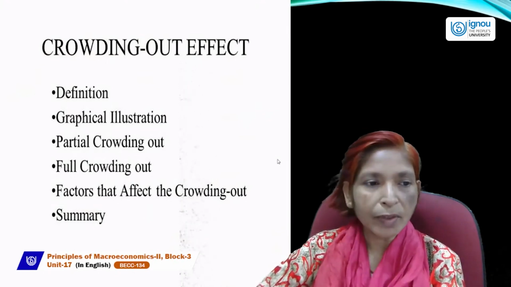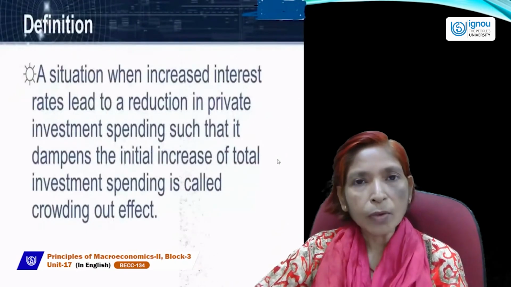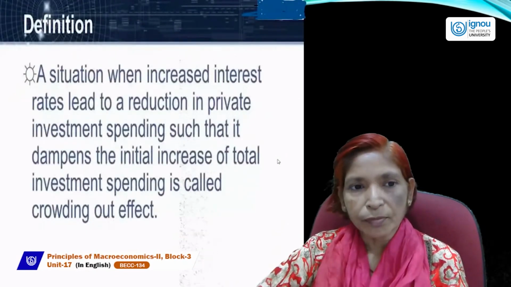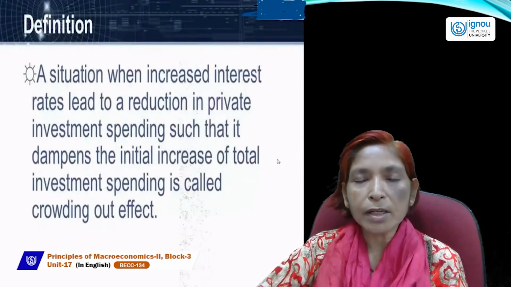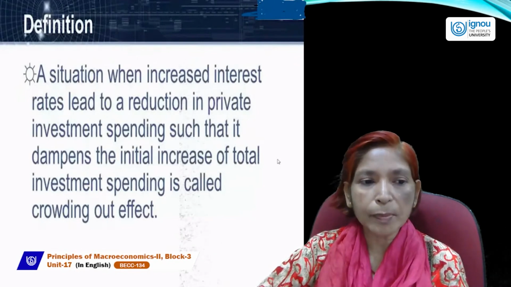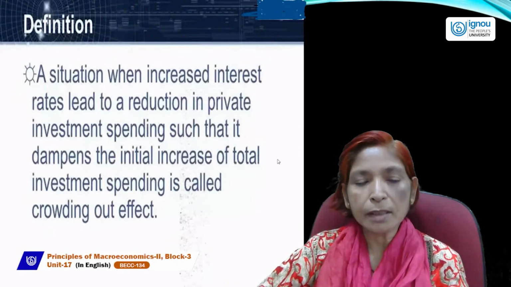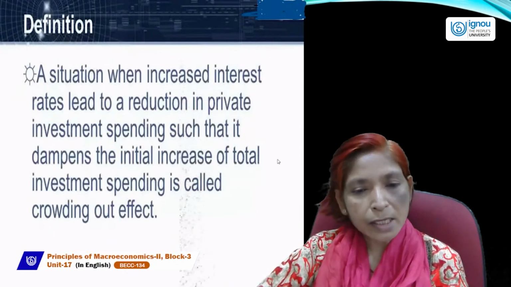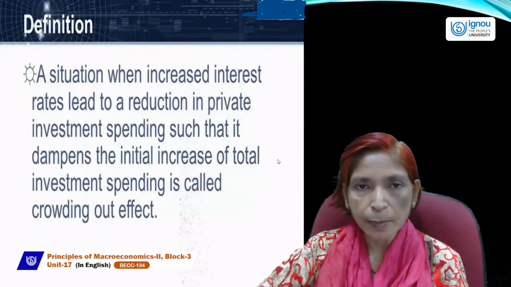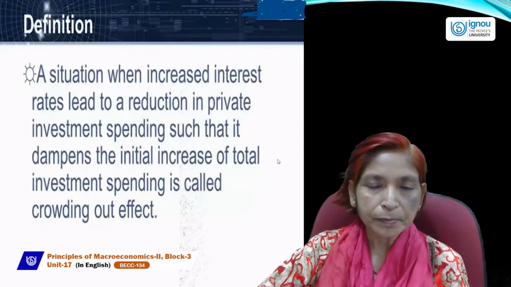So first of all, we will discuss what crowding out is. Crowding out is a situation when an increased interest rate leads to a reduction in private investment spending such that it dampens the initial increase of total investment spending. This is called the crowding out effect.